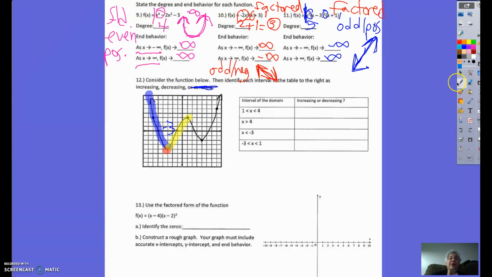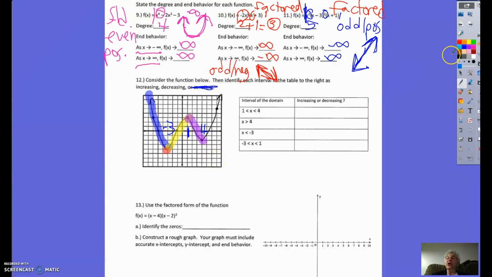That x value happens to be +1. And I am decreasing again, starting at 1 and stops decreasing at 1, 2, 3, looks like +4.